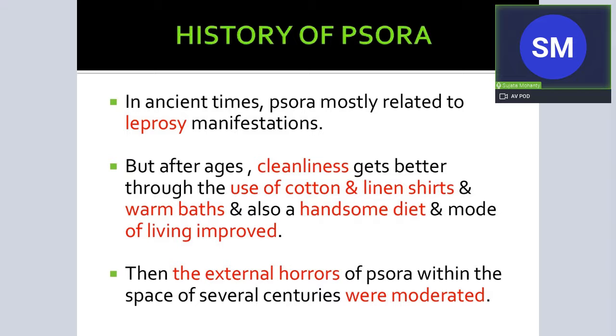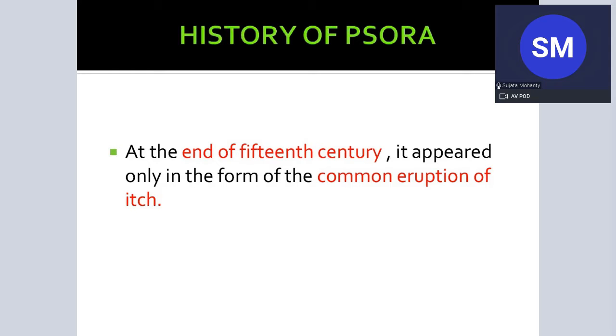Then the external horrors of Psora, the severe external manifestations, were moderated within the space of several centuries. Then at the end of the 15th century, it appeared only in the form of a common eruption of itch.